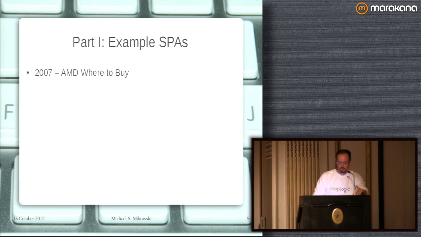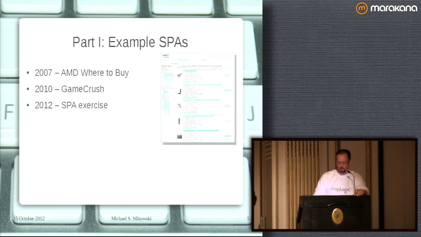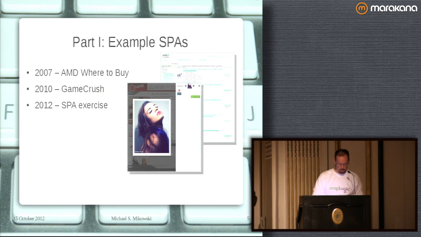The second one we'll show you is one where I was not the architect, but the primary developer, for Game Crush, which is quite a nice commercial site with a little bit of a not quite NSFW edge to it. And then we're going to also go over an exercise that we have in the book. I'm going to go over these relatively quickly because we want to get to some of the meat that Josh referred to earlier.